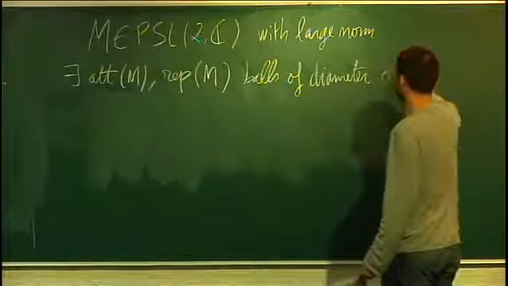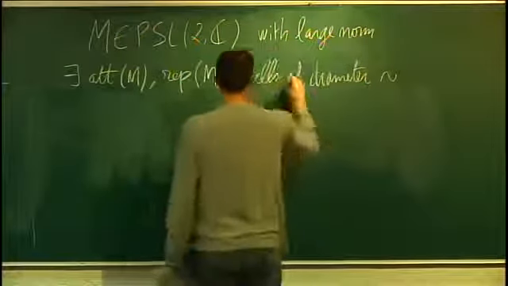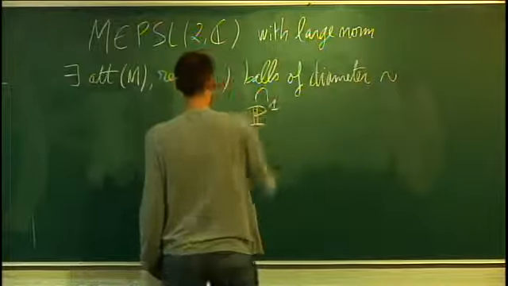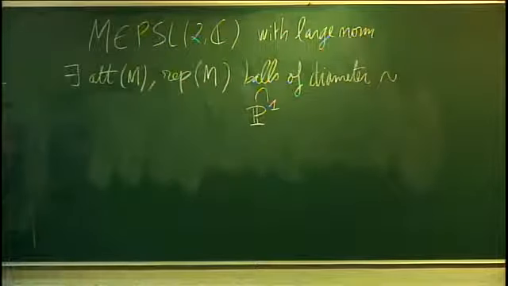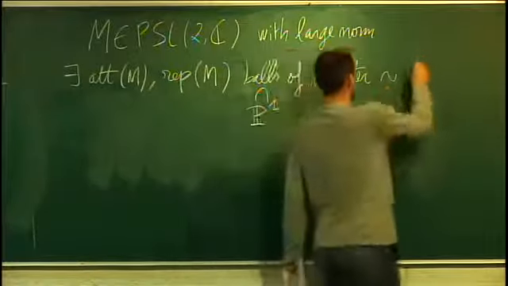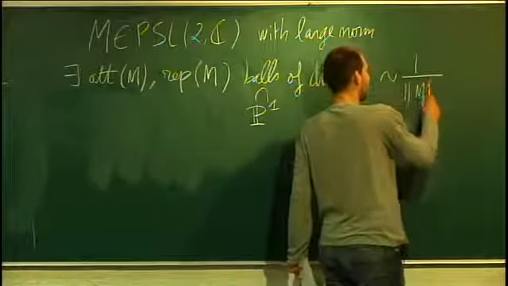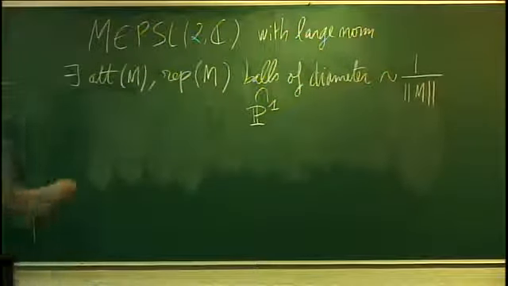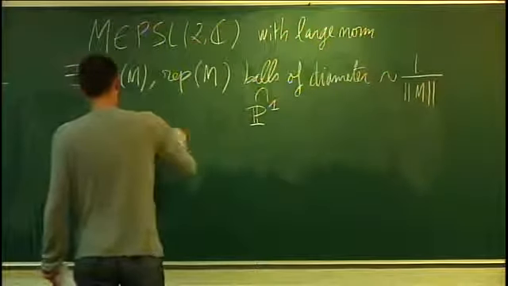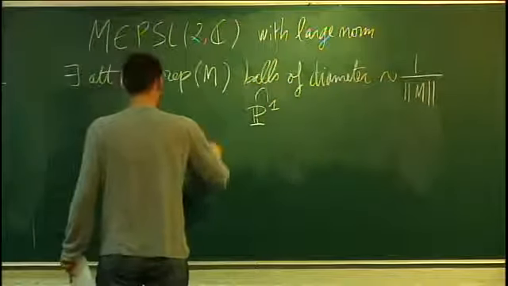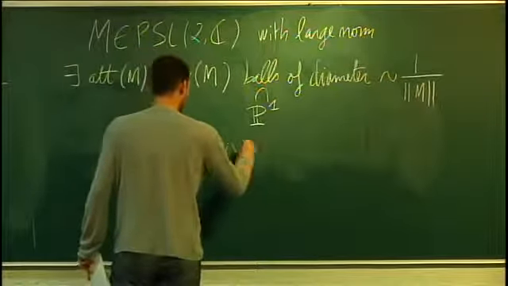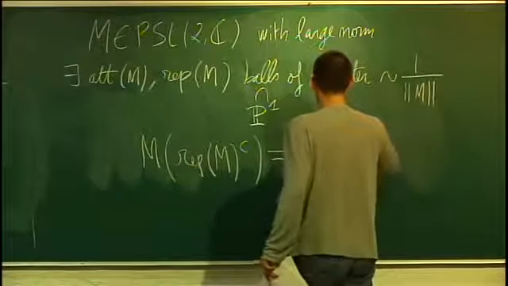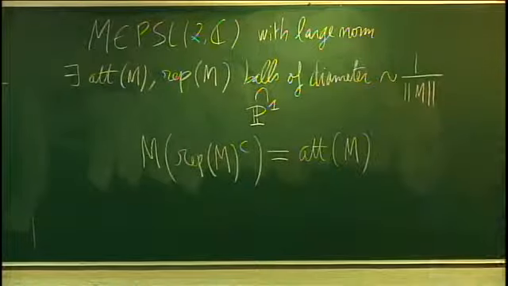Balls where? Balls contained in the Riemann sphere. Whose diameter is of the order of magnitude of the inverse of the norm of the matrix, and which are such that M is going to map the exterior of the repelling ball onto the attracting ball.